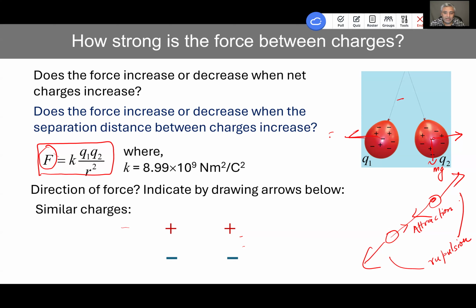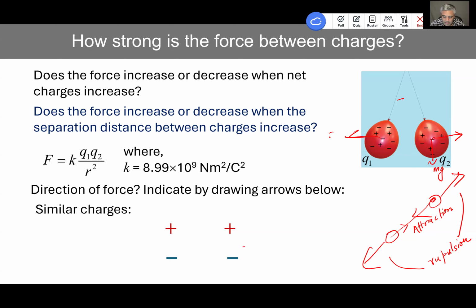Sometimes they attract. When do they attract? When charges are unlike, positive and negative, they attract. But if we have negative, negative, they repel, and so do positive and positive. Okay, so that's the formula for calculating the value of the force and figuring out the direction.